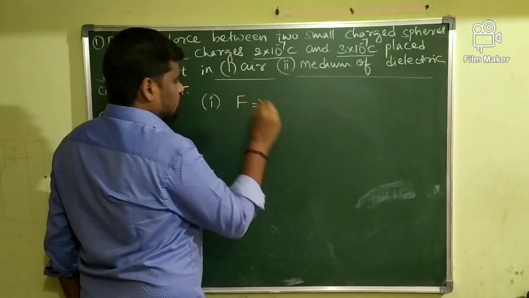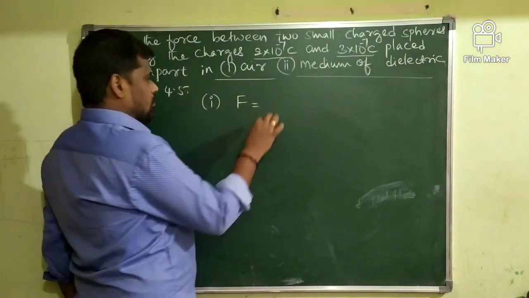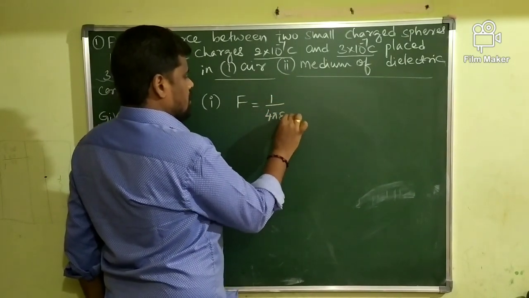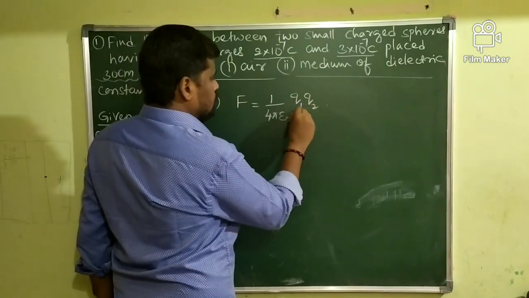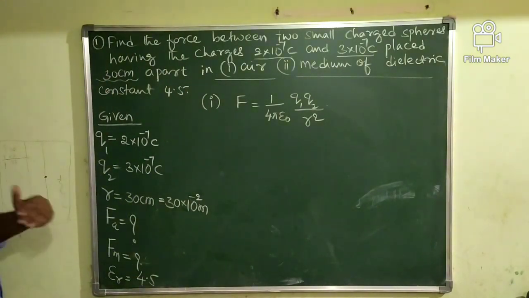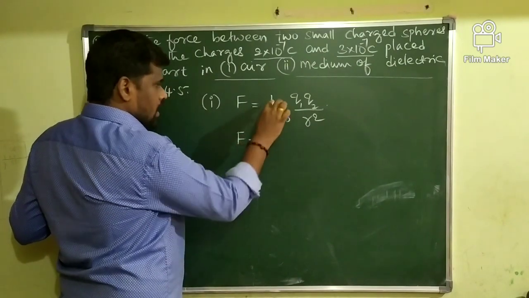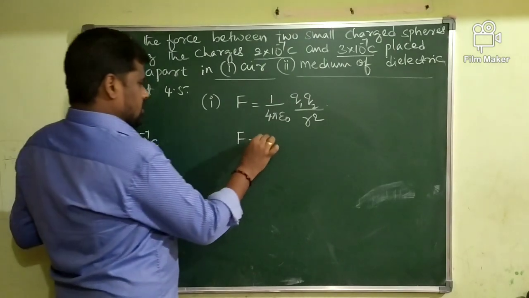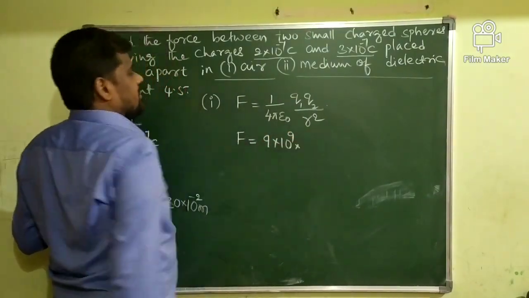Force between the two charges in air or vacuum is given by the formula F equals 1 divided by 4 pi epsilon naught Q1 Q2 divided by R square. Okay, substitute the values here. F equals 1 divided by 4 pi epsilon naught value. Already we know the value. That value is given by 9 into 10 power plus 9.